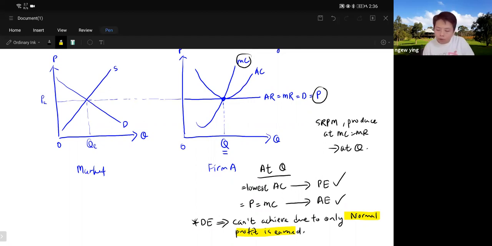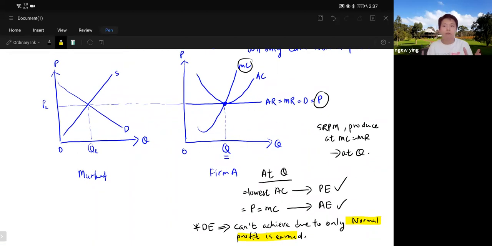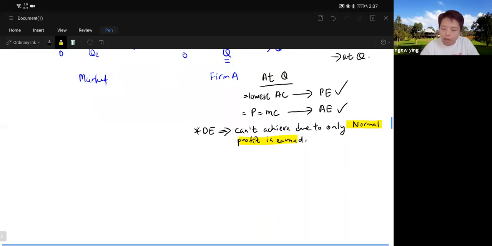So the first part proved that this kind of efficiency can be achieved, but the condition is that the market must be perfect. Now, what about the second side of the discussion? We all know that PE can be achieved, AE can be achieved in perfect competition firms.